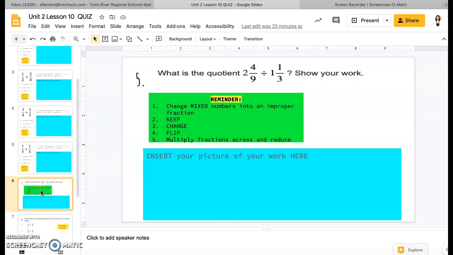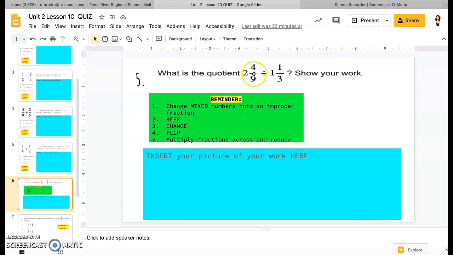Number 5. What is the quotient 2 4/9 divided by 1 1/3? Show your work. Use this orange-green box as a reminder here. 1. Change the mixed numbers into an improper fraction. 2.